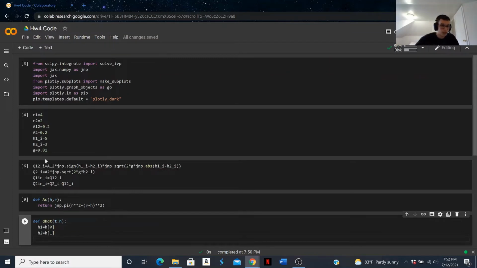Now we're going to basically take these equations from up here, this Q12 initial and Q2 initial, but we're not solving for the initial, right? We're solving for the actual Q12 and Q2.